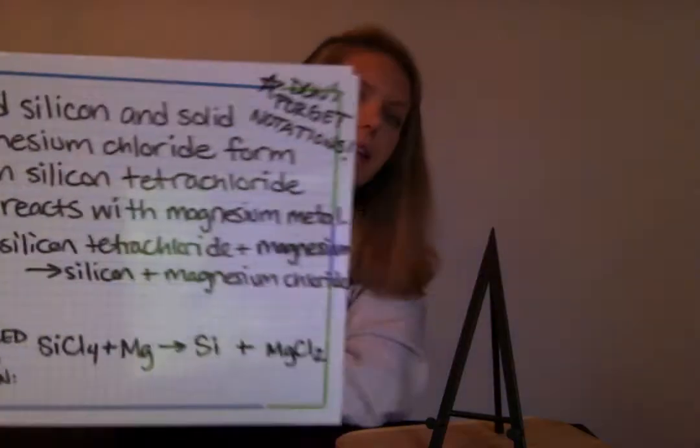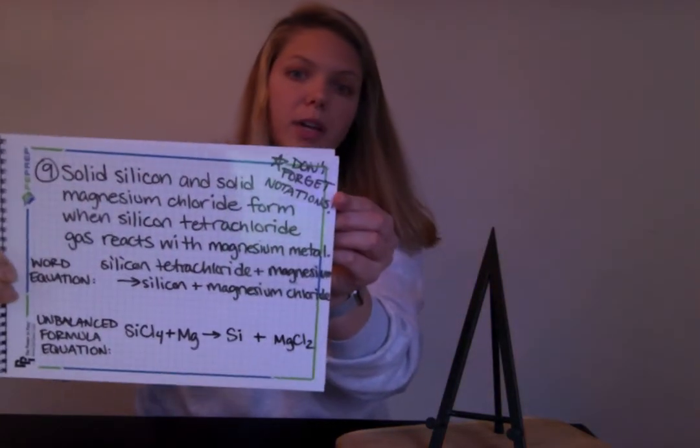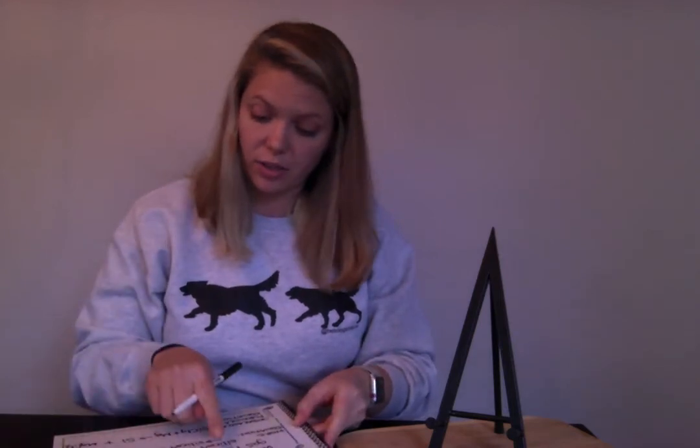Now, what is that last thing that we need to remember? Don't forget our notations, okay? So that means we got to go back in and just put in our symbols for our states of matter. So SiCl4, we have silicon tetrachloride gas is what it says in our initial problem, so we know that we're going to put a G in parentheses after it.